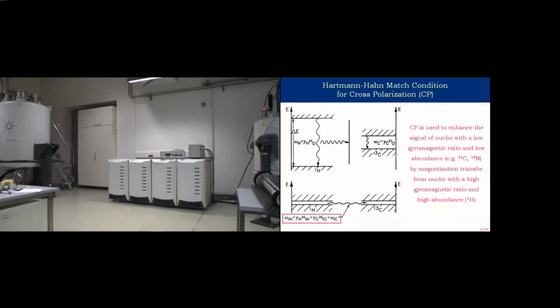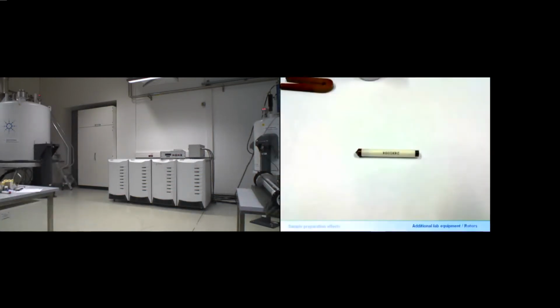So this method is very often used also for rare nuclei and allows us to get a higher signal in carbon-13 spectroscopy.